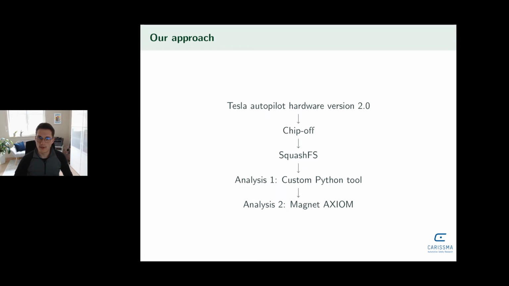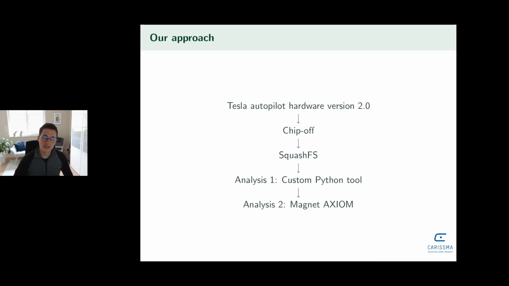It's a read-only file system, which has a structure pretty similar to most file systems you know from common IT Linux systems. So in order to analyze the collected SquashFS, we performed two analyses, one with a custom Python tool we wrote, and next with a sophisticated digital forensic tool called Magnet Axiom.